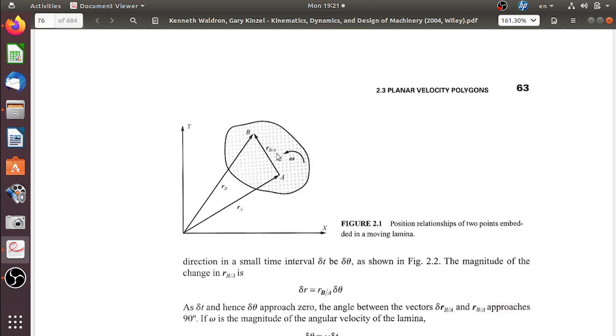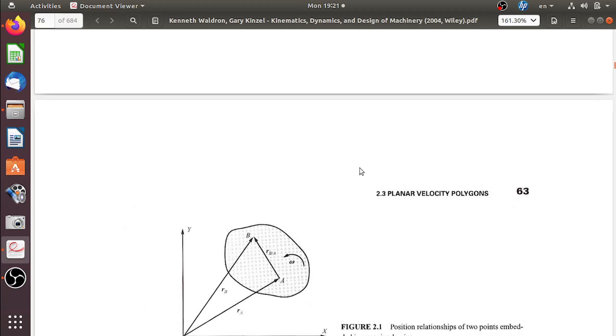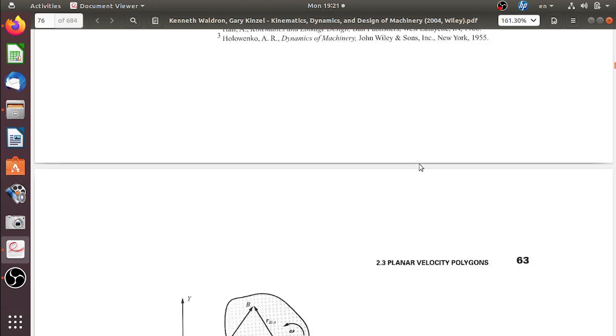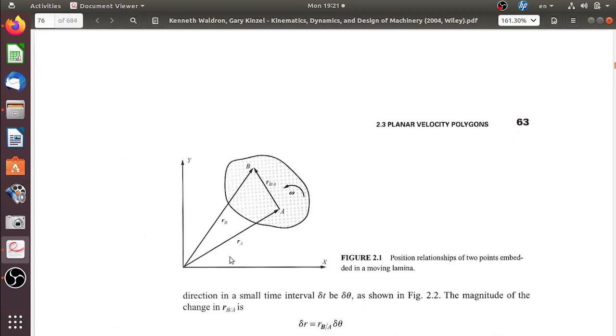Now this is a vector, so let's use a vector equation: RB is equal to RA plus RB/A. Remember the direction. The opposite vector we will denote by RA/B. Right now we are using RB/A.